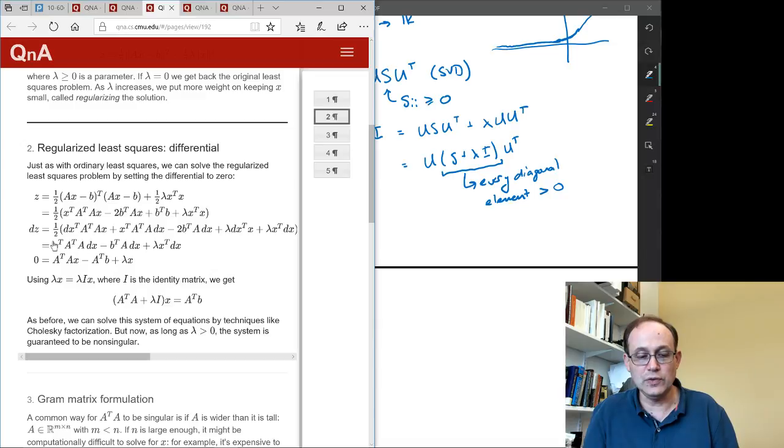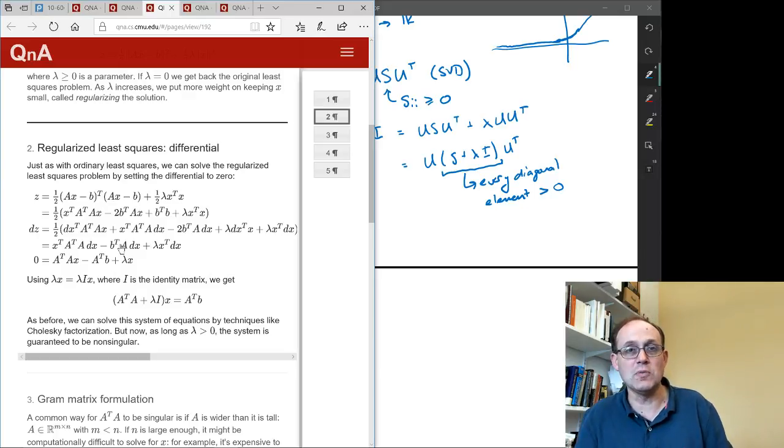Here the coefficients of dx are A transpose A x, minus A transpose b, plus lambda x. If those sum to 0, that's the only way for this expression always to be 0 no matter what dx is.